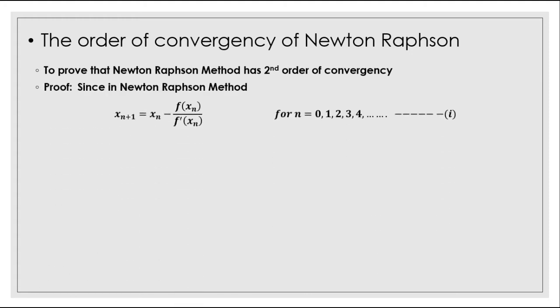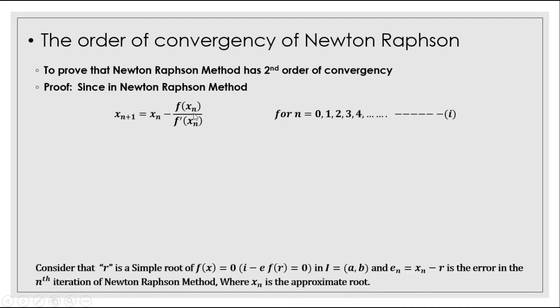To prove that, we take the scheme of the Newton-Raphson method, through which we can find the root of the function by substituting n equal to 0, 1, 2, 3 for n. x naught will be our initial guess, and for n equal to 0 we will get x1, for n equal to 1 we will get x2, and so on. In the same way we will get our iteration terms one by one. So this is the scheme of Newton-Raphson method.